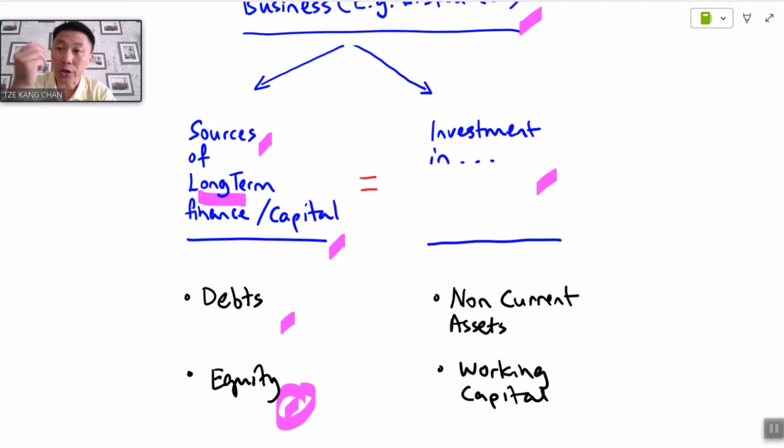With this additional funding, fundamentally, most of the money will be used for investment in non-current assets as well as working capital to support ongoing business activity, or to take on an additional project made up of a series of specific assets as well as some investment in working capital.